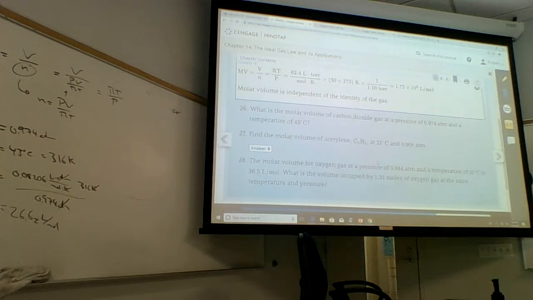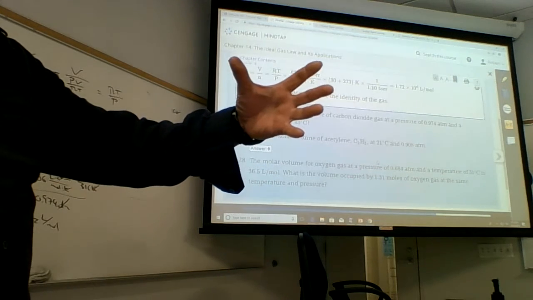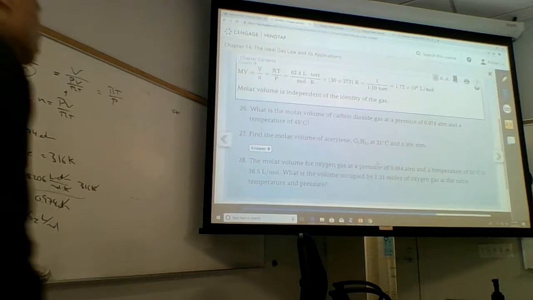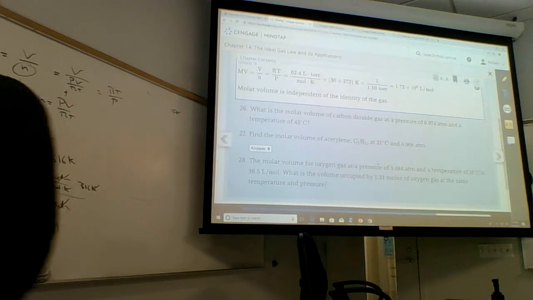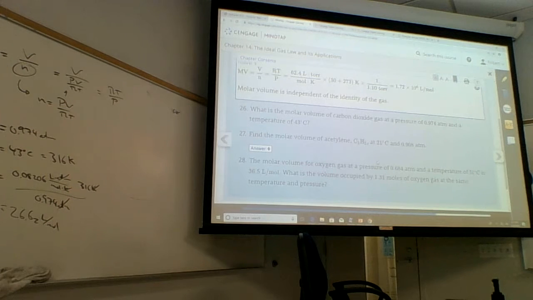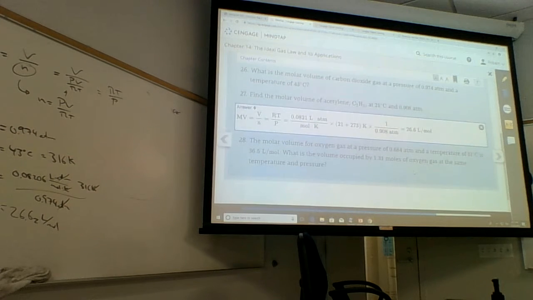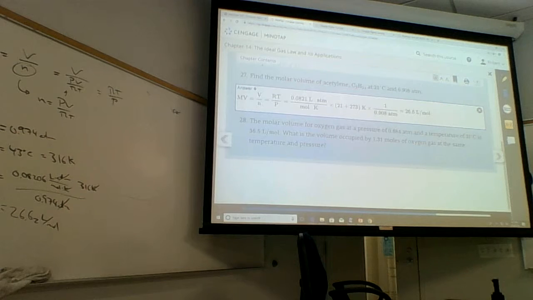The gases expand with increasing temperature. Gases expand with decreasing pressure. Gases contract with decreasing temperature, and gases contract with increasing pressure. So the pressure and temperature are going to affect the volume of the gas. We've got 26.6 liters here. This is another molar volume.